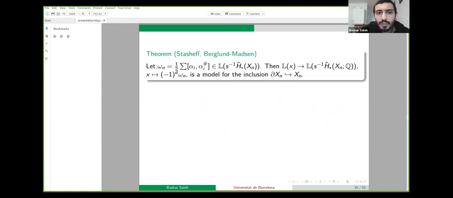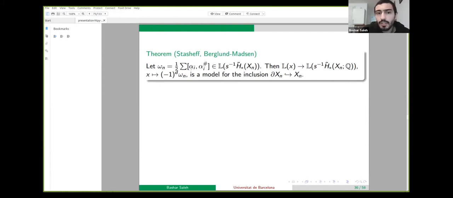And now let omega n be just the following sum. You take the free Lie algebra on the d-suspension of this homology, and then you take omega n to be this sum.